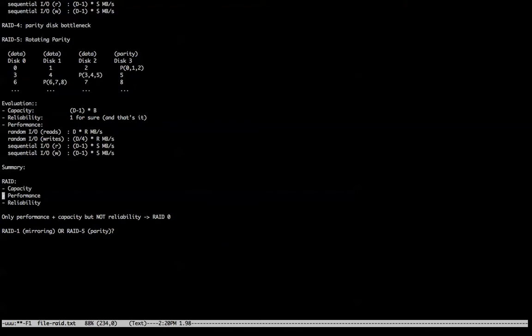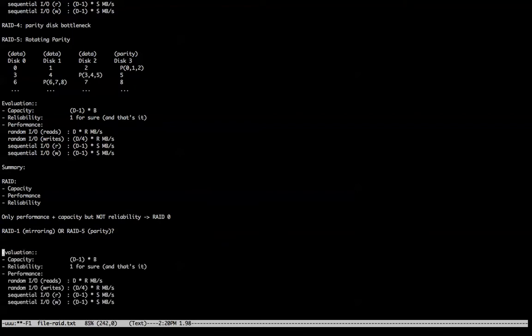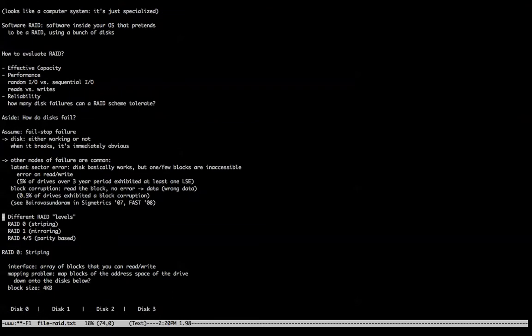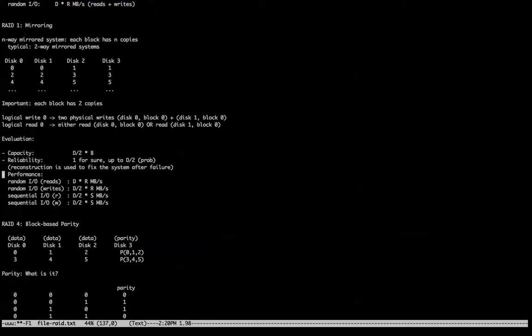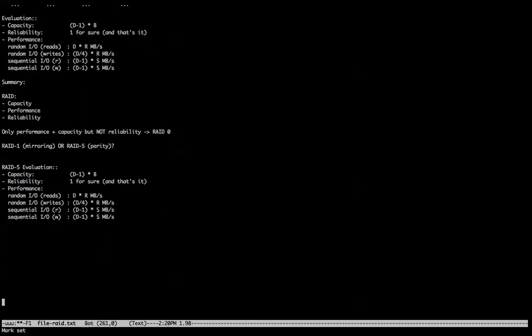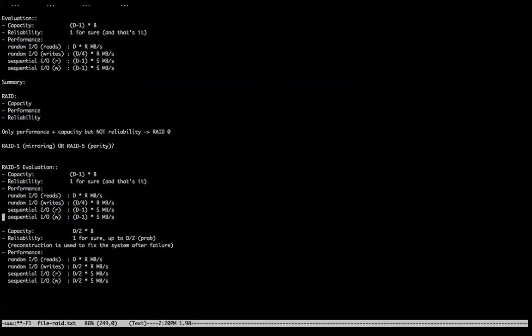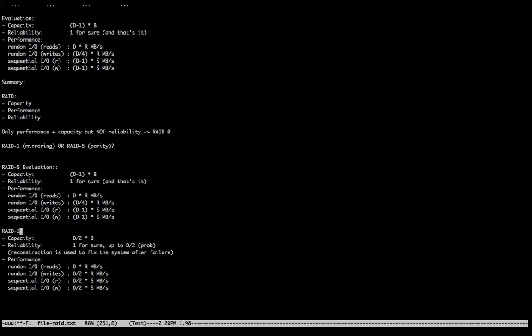This is RAID 5. Let's go ahead and look at RAID 1 as well. And you can see here some of the differences. Let me do it like this, in fact. Here's RAID 5, and let me put RAID 1 over here.